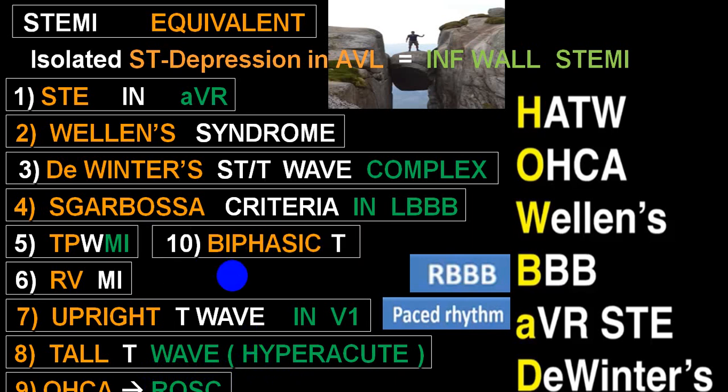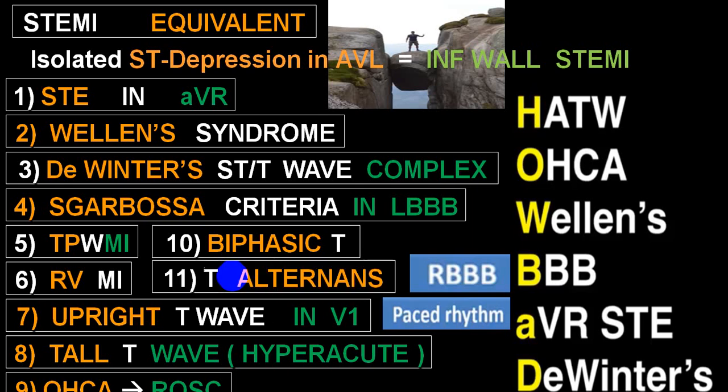Presence of a biphasic T wave is also of very great importance, because in case of Wellens sign type A, it is absolutely important. Then T alternans is again a very useful finding to pick up ongoing myocardial ischemia. And T wave inversion with multiple other things, with ST depression or ST elevation, is also a useful finding. Isolated ST depression in only aVL will be in favor of an inferior wall STEMI. This should also be kept in mind.